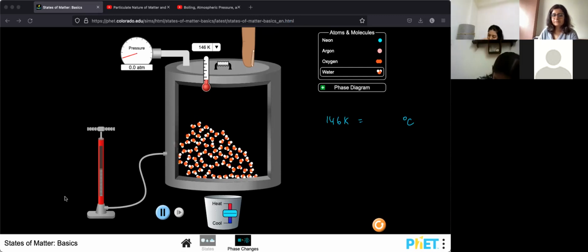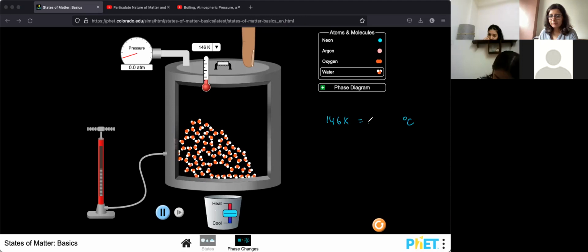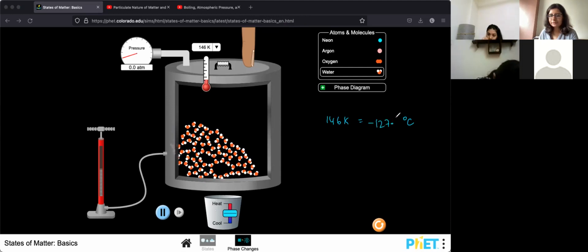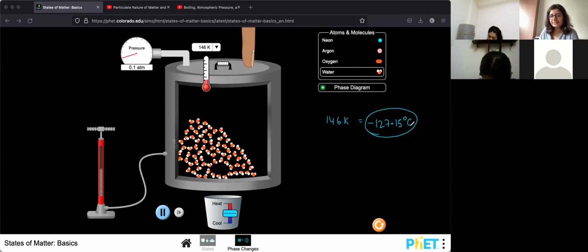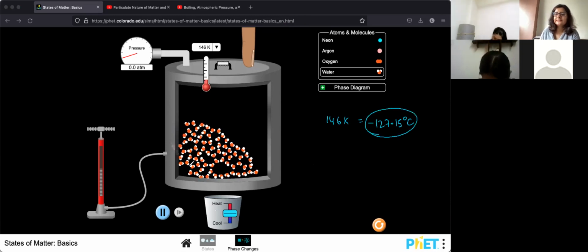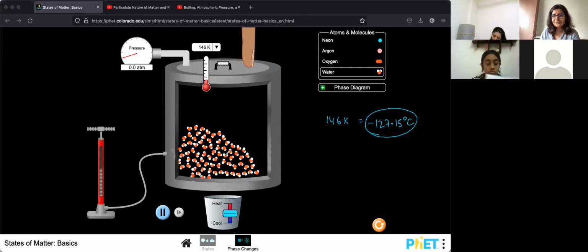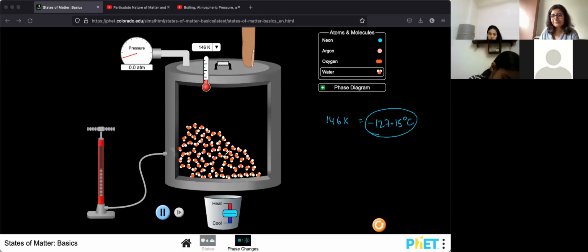This would be minus 127.15. Minus 127.15. Okay. So it is at this much degrees Celsius. So water का state क्या होगा at this temperature? Solid. Frozen. Frozen solid, yes.